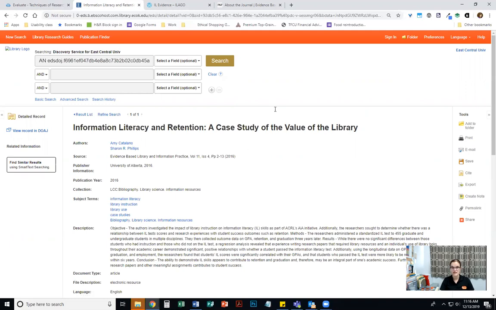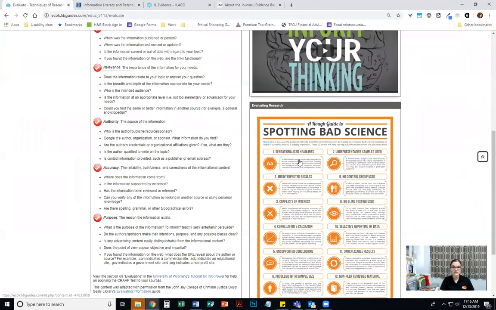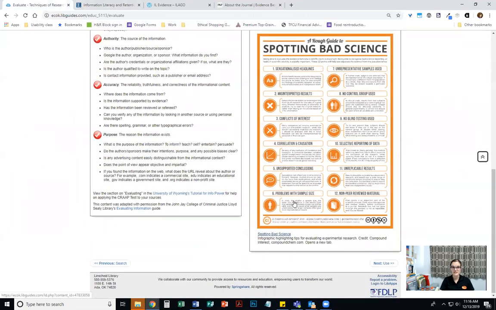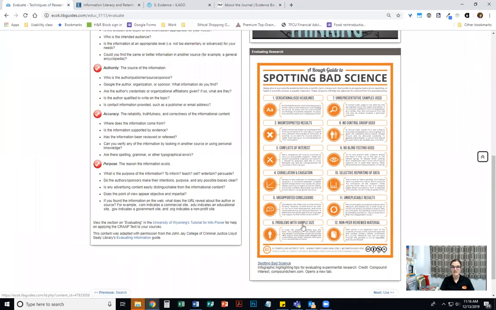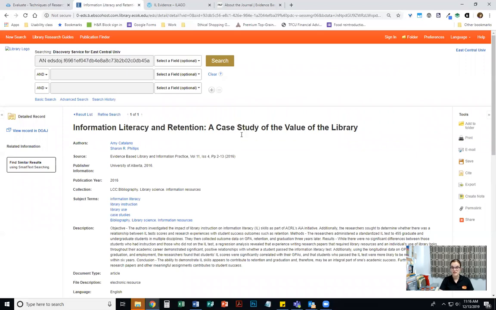It's a case study. And so that is one of the things on this Spotting Bad Science: not having a proper sample size that can be generalized to the whole population. Now, that wasn't what they were going for with this because it was a case study. But since their study had a small population size, I can't use it to say conclusively that information literacy improves retention.